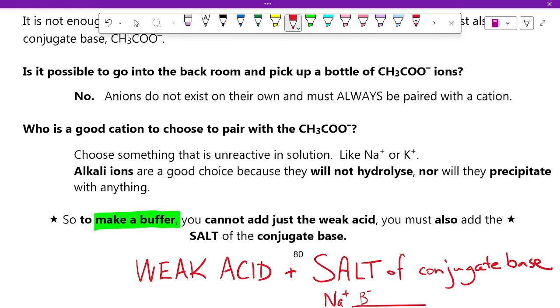And how do we abbreviate this? WASCABA. Weak acid plus the salt of the conjugate base, WASCABA. Okay? So if you want a buffer, you want WASCABA, a weak acid, and the salt of its conjugate base.